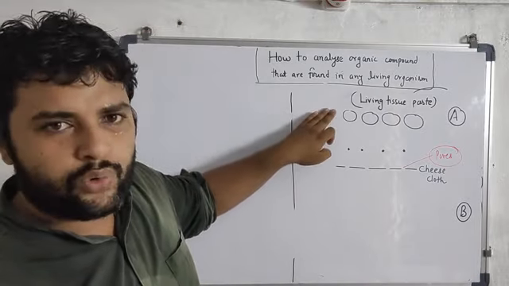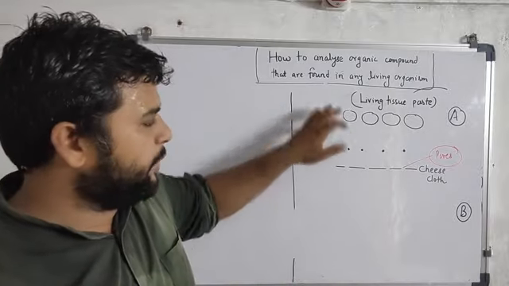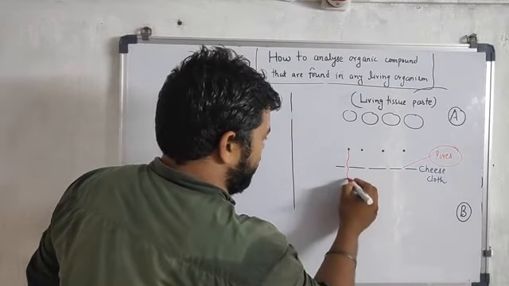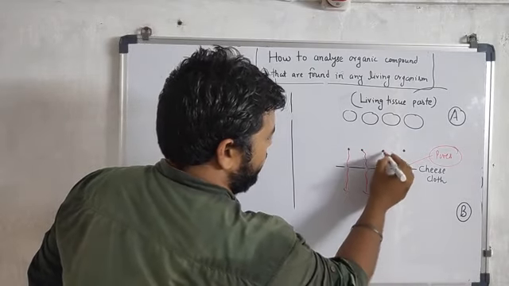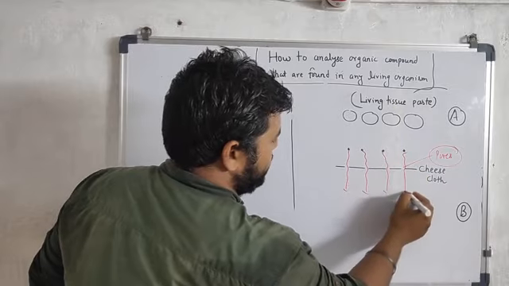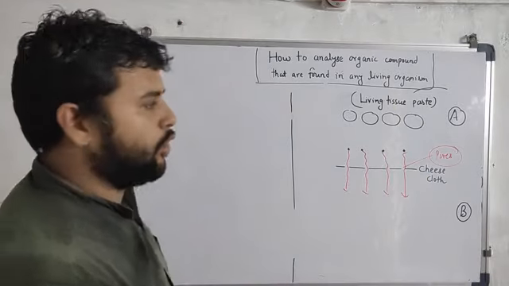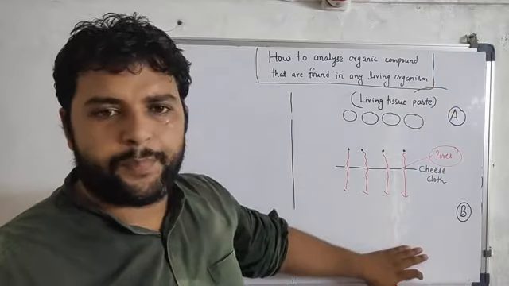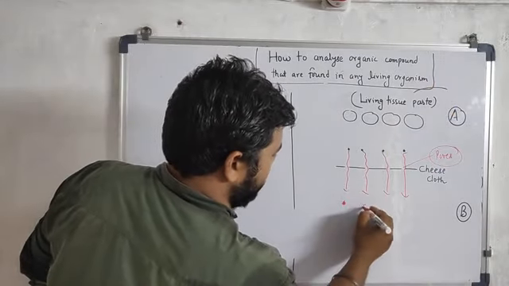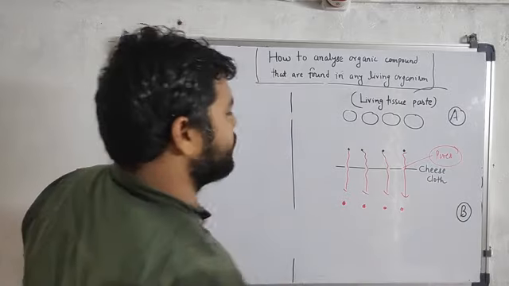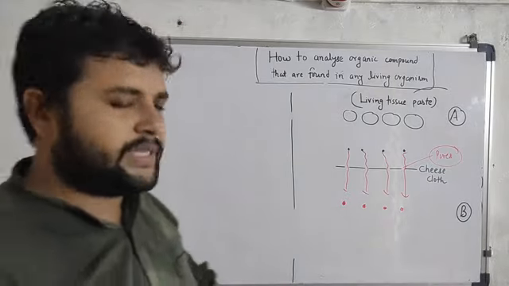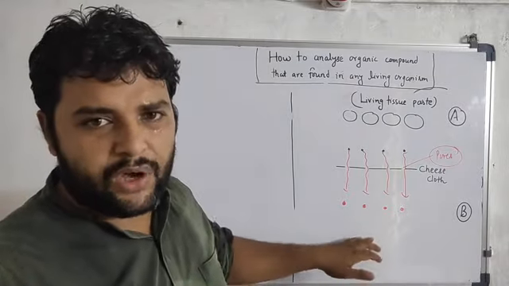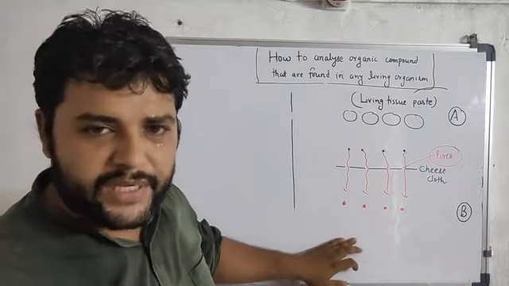Out of these two, which molecule will pass through this cheesecloth? Obviously the smaller molecule will pass through the pores of the cheesecloth, and it will come from the A to the B side. These are the smaller molecules that can easily pass from the A to the B side.